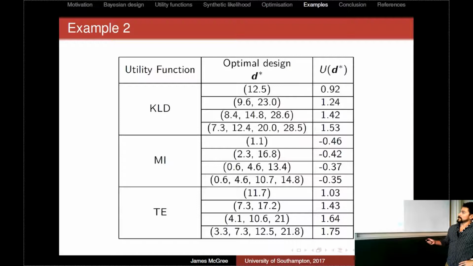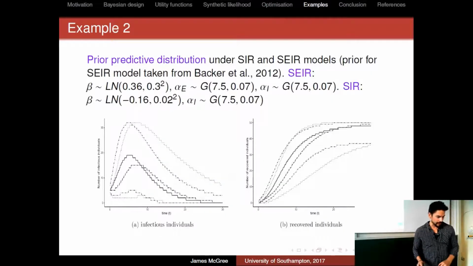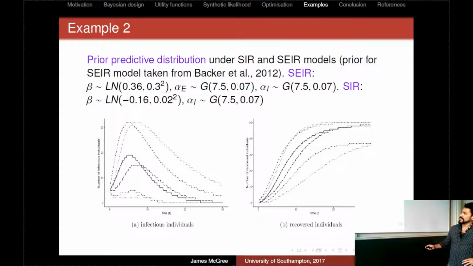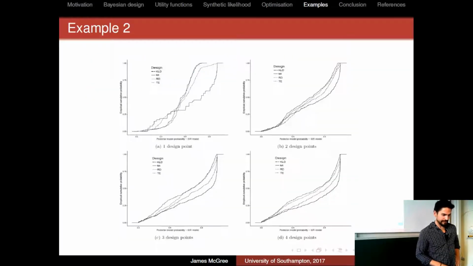If we look at mutual information for model discrimination, it's around 1 day after starting. That's quite early, somewhere around here and here. I expected it to be maybe a bit later, but there you go. That's about all I can say about the designs.